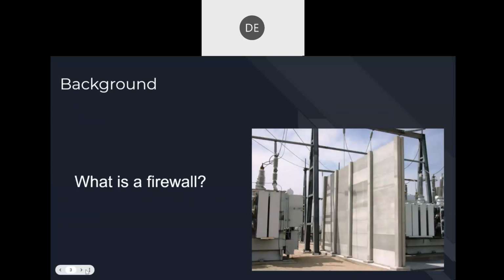So to start off, some background on what a firewall is. The purpose of a firewall is basically to separate two areas. You're typically separating an area that is prone to fires or is containing materials that are highly combustible or dangerous. So there are many uses.